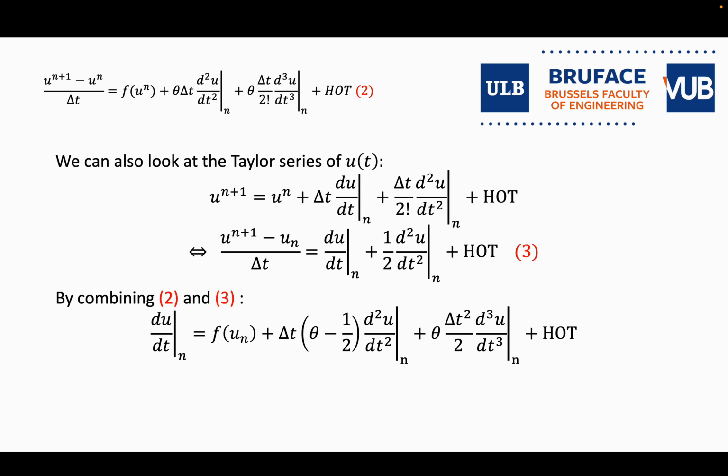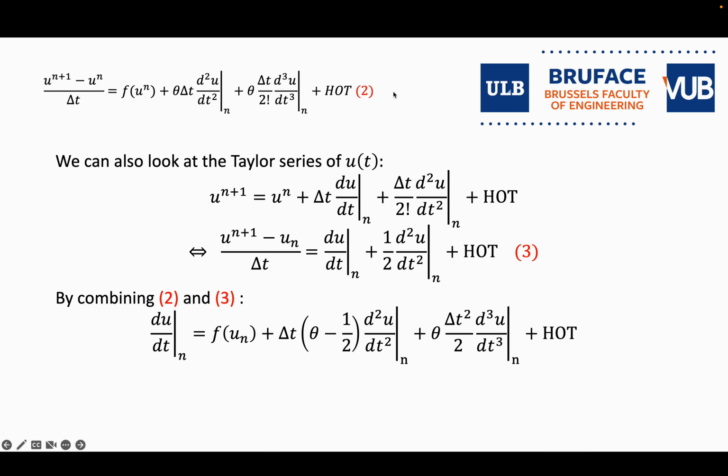And finally, we also look at the Taylor series of the function u, and the Taylor series is done again in a very similar way as to what we have done for f. And again, we can write it in terms of a finite difference to get an equation labeled here 3.